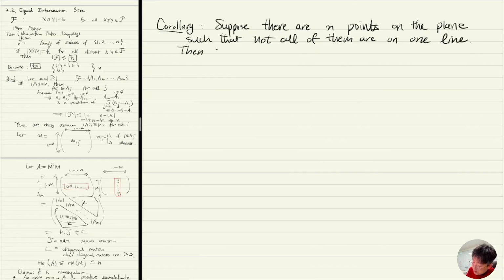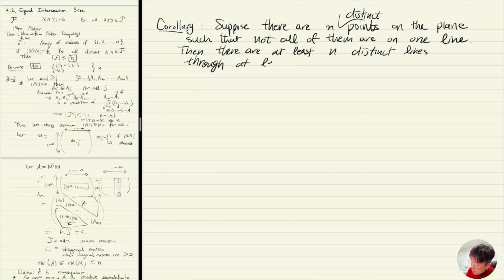Then there are at least n distinct lines through at least 2 of the endpoints.